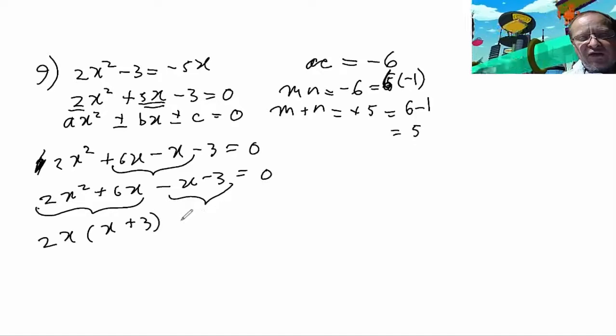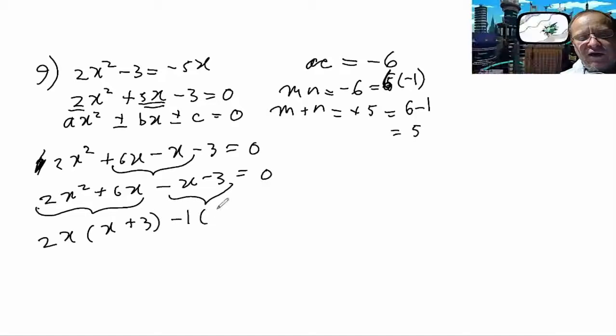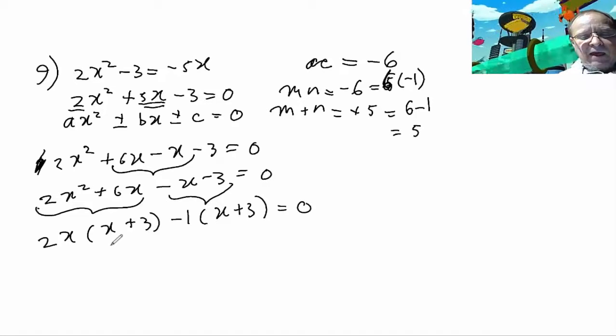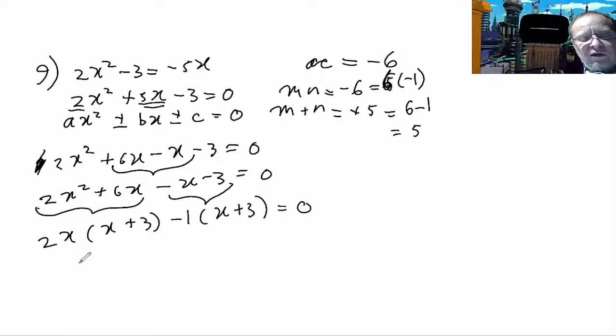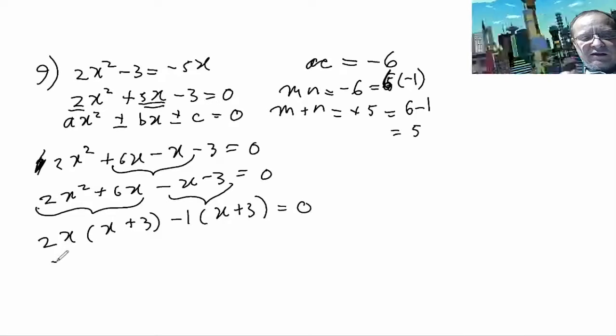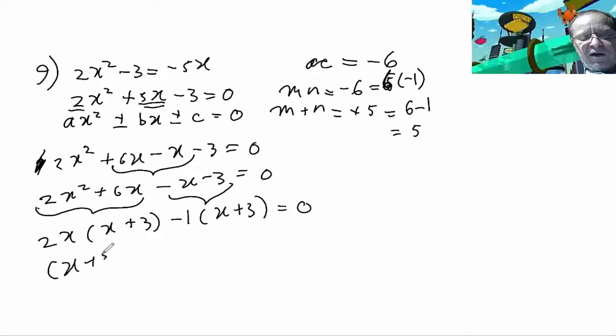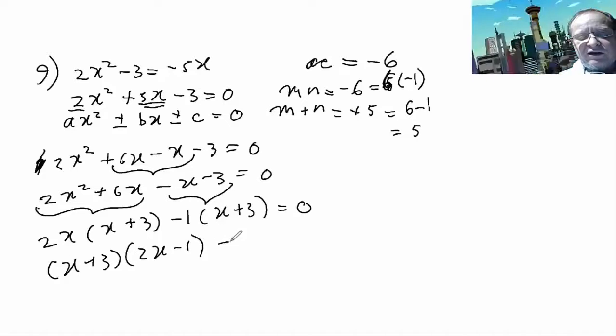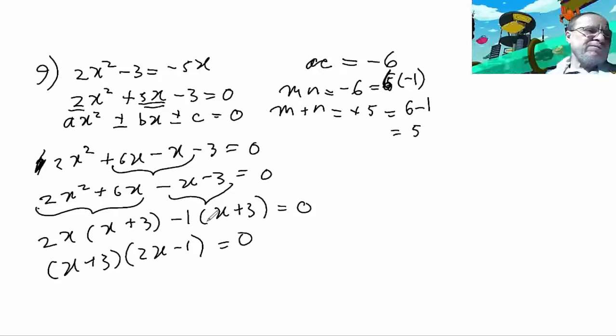And here I'll factor out negative 1, and I'm left with x plus 3. And then I will take this factoring by grouping: x plus 3 times 2x minus 1 is equal to 0.